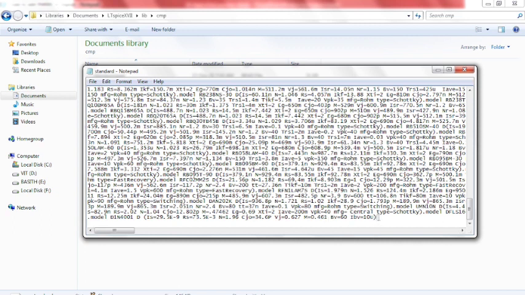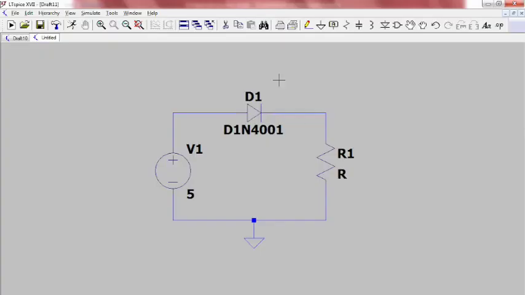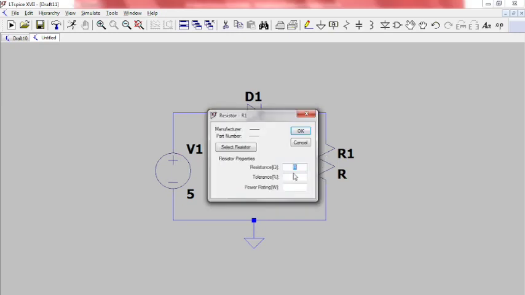I already pasted it in the line below. Then close the window and restart LTspice. Then your diode 1N4001 will be available. Then come to the circuit, select the resistance value, right click, put the resistance value as 1K.